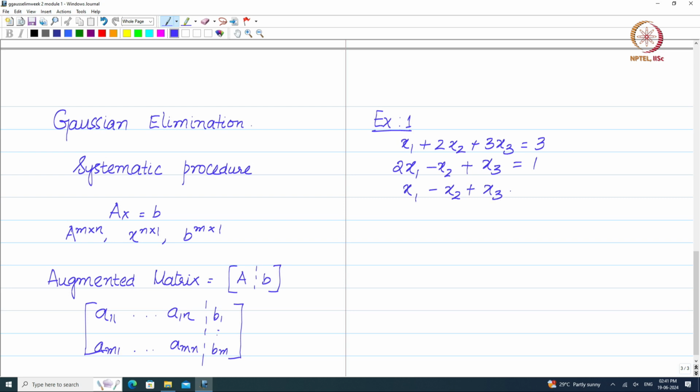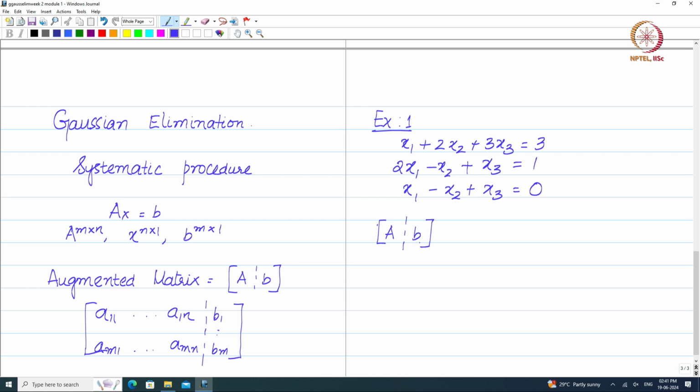I will repeat: x1 plus 2x2 plus 3x3 is equal to 3, 2x1 minus x2 plus x3 is equal to 1, x1 minus x2 plus x3 is equal to 0. So, you see 3 equations with 3 variables.